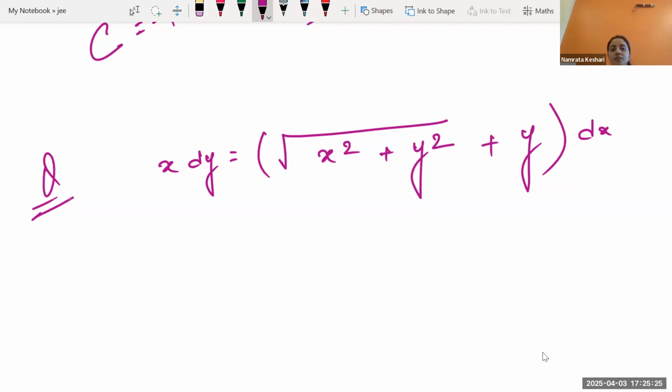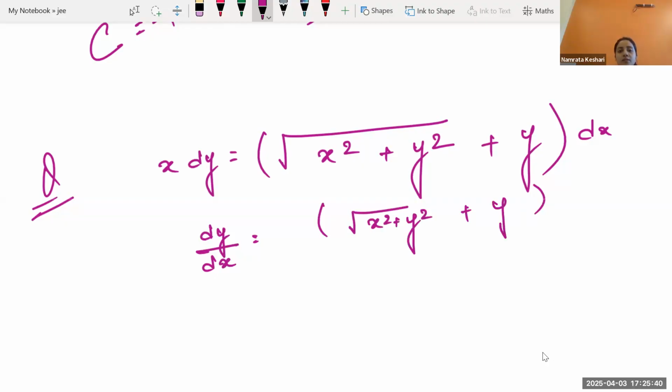Let y = vx, then dy/dx is equal to this whole expression, plus y by x. If we see the root is there, and the numerator's exponent and the denominator's highest power are the same, so we can say that it is homogeneous.